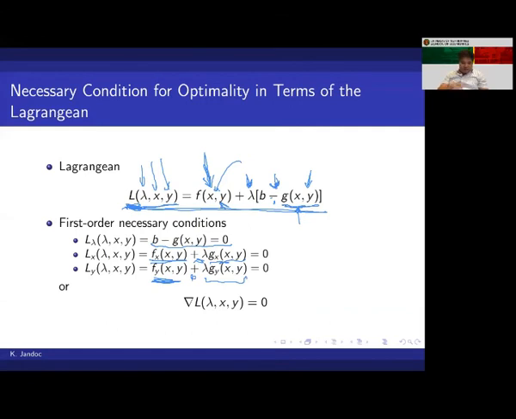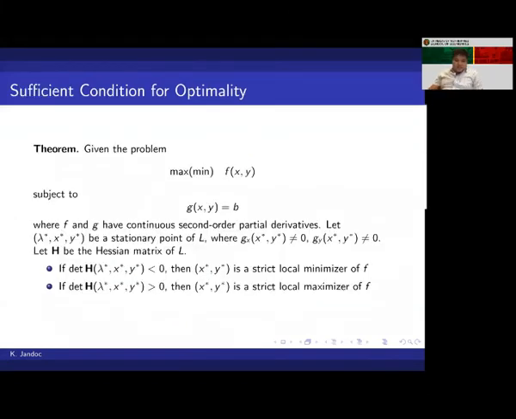So basically these are the three conditions which are similar to the conditions in the previous slide. These conditions are also characterized by taking the gradient of the Lagrangian function and equating it to 0. We've discussed the necessary conditions for optimality. Now, how would you know that the x star, y star that you get, those optimizers, are minimizers or maximizers?